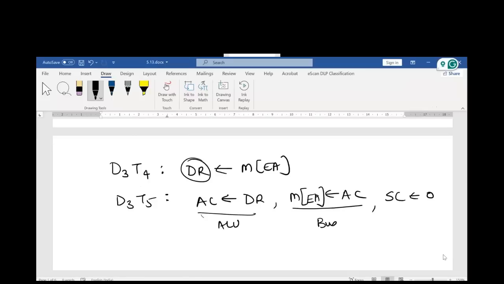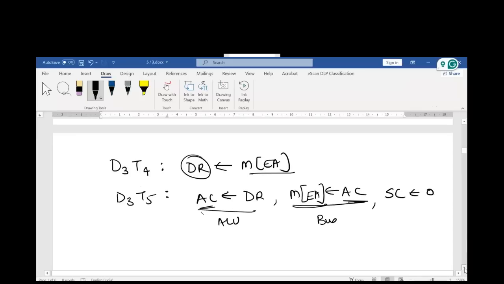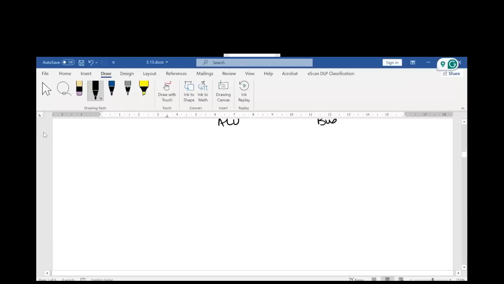Instruction is done. The content of memory is stored to AC via DR and the content of AC can be directly sent to M of EA through your common bus. So my instruction is done. Set the sequence counter to 0. Was it easy? Okay. Moving to the next one.